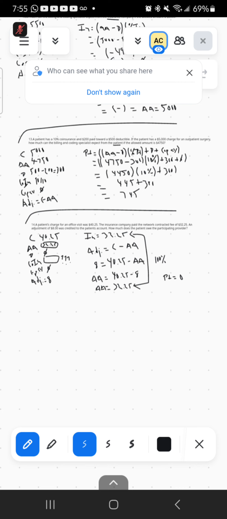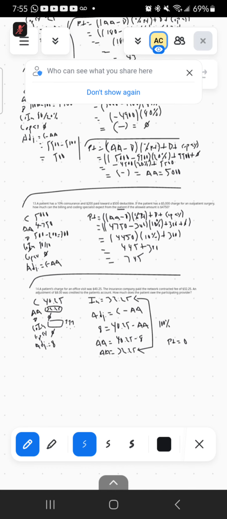But my next question is, how does the insurance company know that the patient had an adjustment of $8 that was credited to the patient account? Because they calculated already. That's like me going to the previous example.